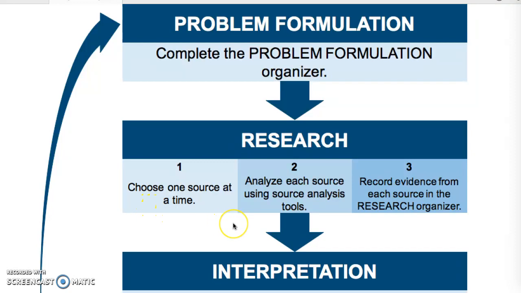In order to analyze those sources, you will select source analysis tools that would guide you to look deeper and analyze the source in greater detail. You have an option of about 10 or more source analysis tools to use.